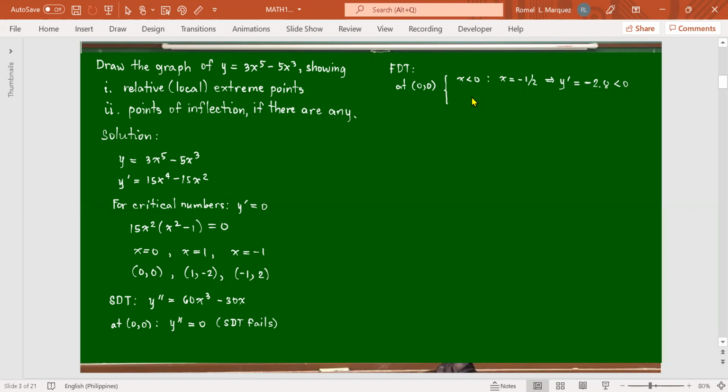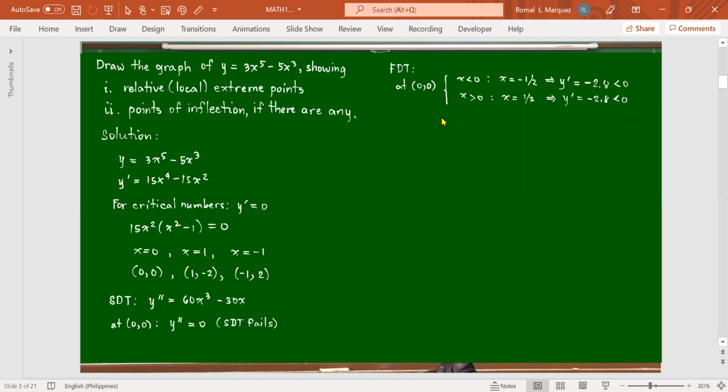So from negative, let's see if the sign will change when x is positive 1/2, meaning to the right of 0, but not exceeding 1, because that is another possible relative min or relative max. Y prime is still negative, sorry, negative 2.8 also. Which is less than 0.